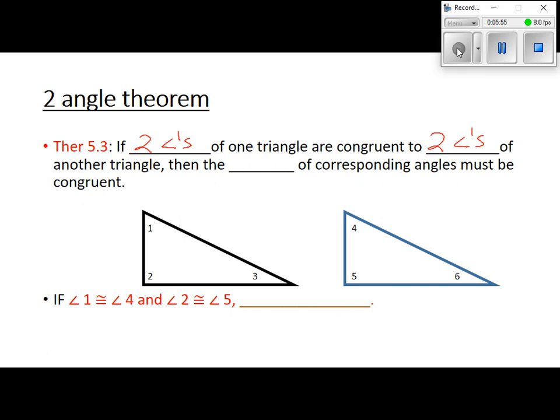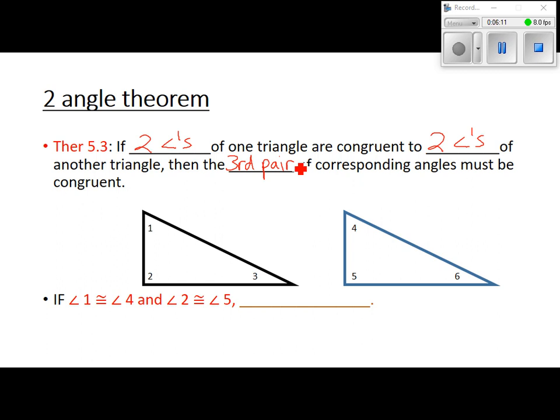I sort of wrote this wording so it confused me for a second. The rest of it says then the third pair of corresponding angles must be congruent. I made it harder than it has to be.